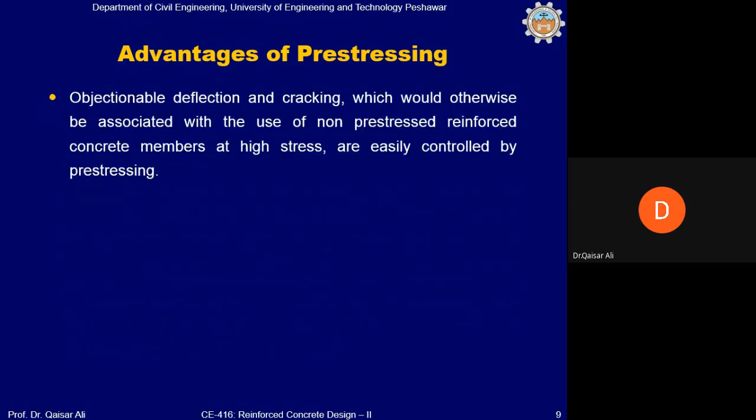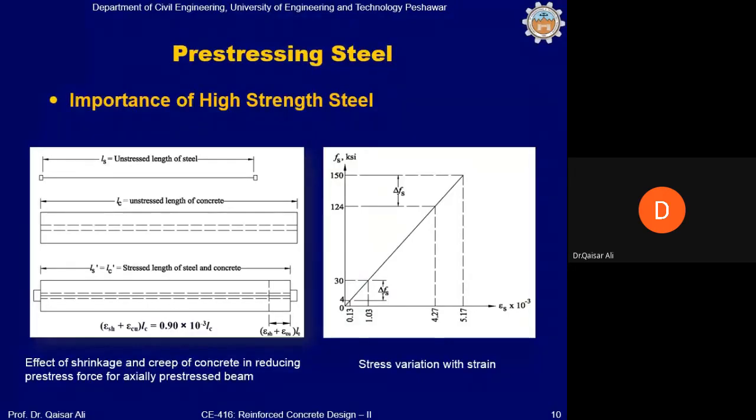Objectionable deflection and cracking, which would otherwise be associated with the use of non-prestressed reinforced concrete at high stress, are easily controlled by prestressing. These are all advantages of prestressing. You have seen this. Okay, if you have any question now, you can ask your questions. Otherwise, we will go ahead with the next slides.